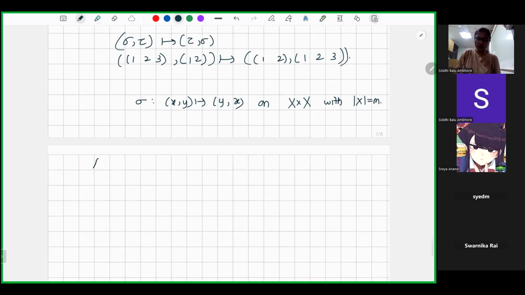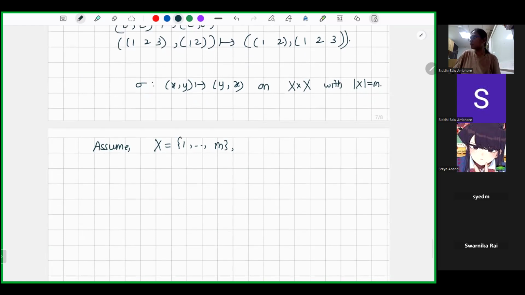So suppose x is 1 to m. So this x cross x has size m square, right?